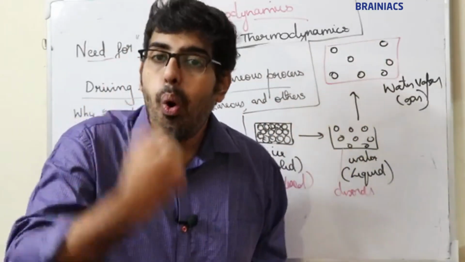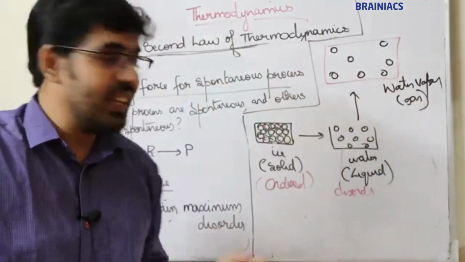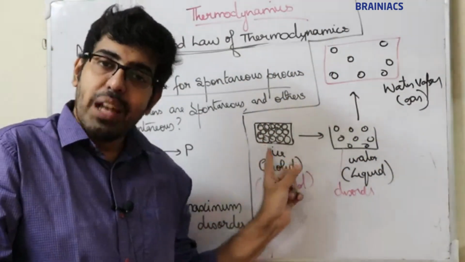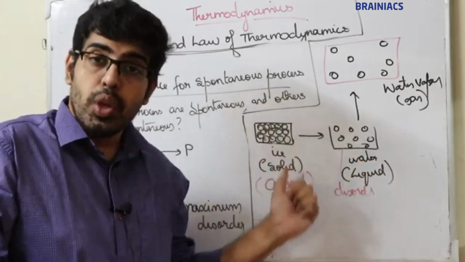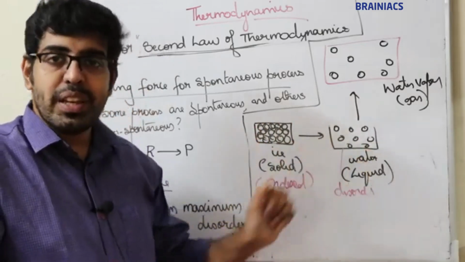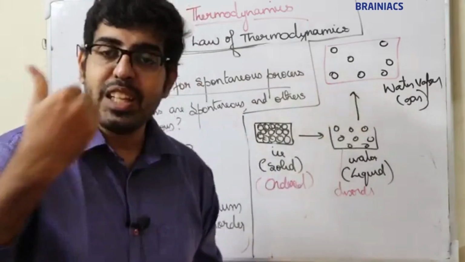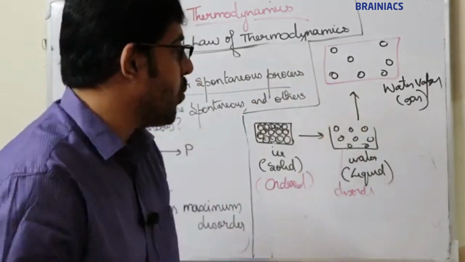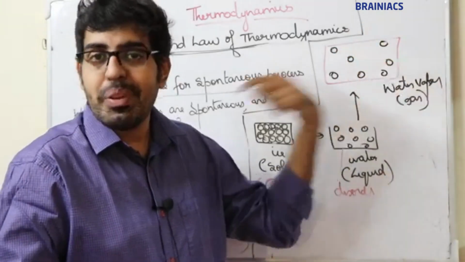So in all spontaneous processes, disorder always increases. Melting of ice is an example for spontaneous process, and during melting of ice, disorder of the system increases. Evaporation of water is another spontaneous process. During evaporation of water, again disorder of the system increases.